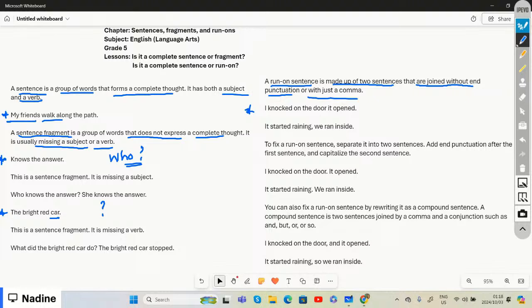So let's say, for example, you have a sentence and there's more than one action, more than one person or thing doing something. Then that means you should either separate those sentences or just write it correctly.